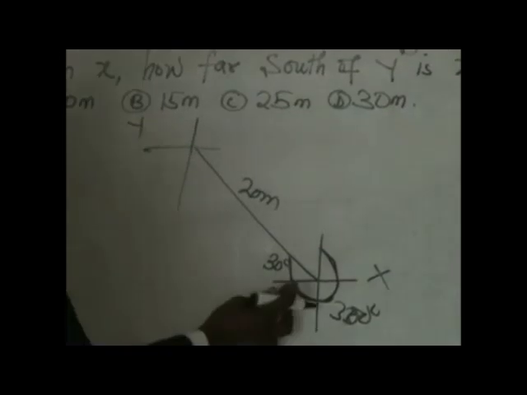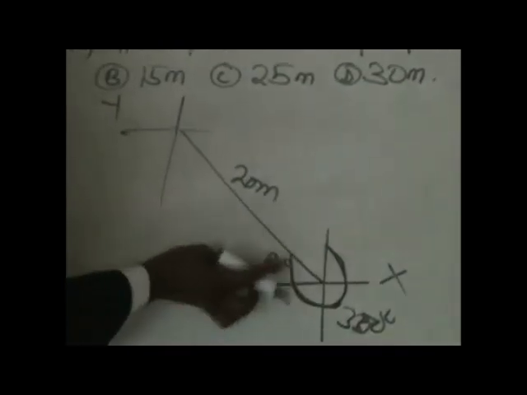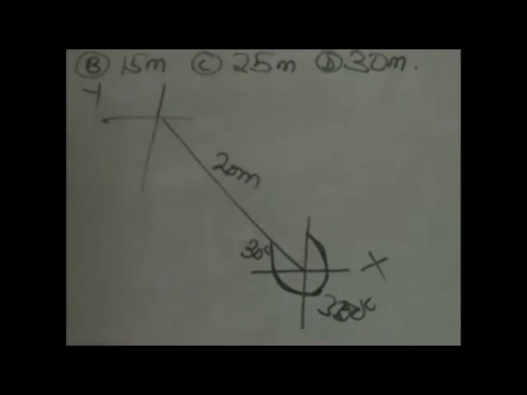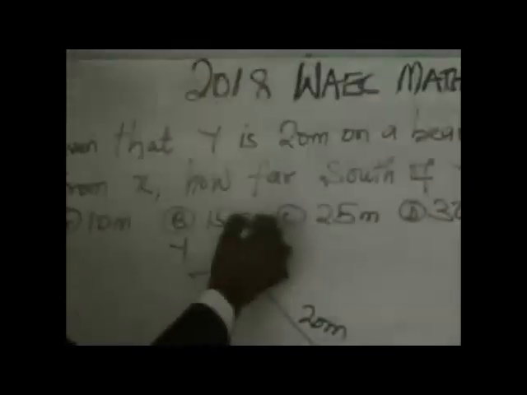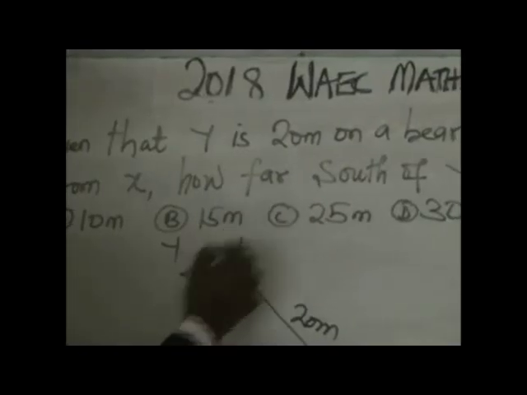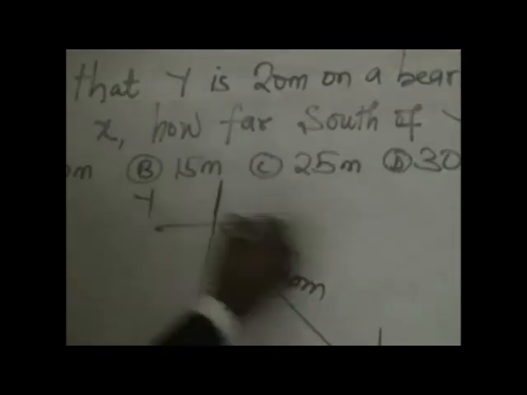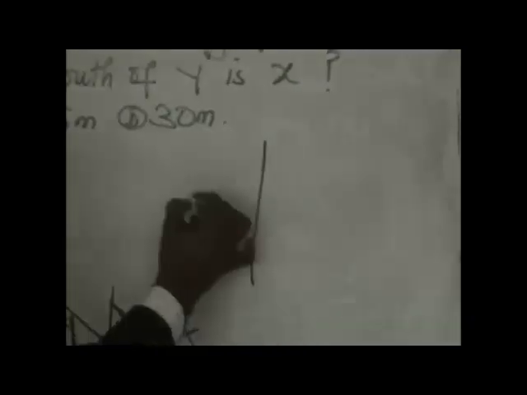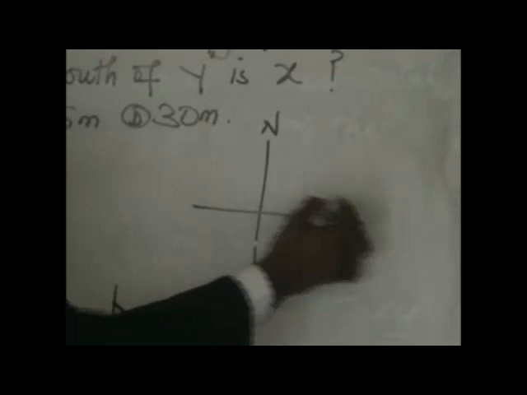So from here to here is 270, while this point alone is 30 degrees. Now they said, how far south of y is x? In your cardinal illustration, we have the north, the south, the east, and the west. So how far south of y is x?